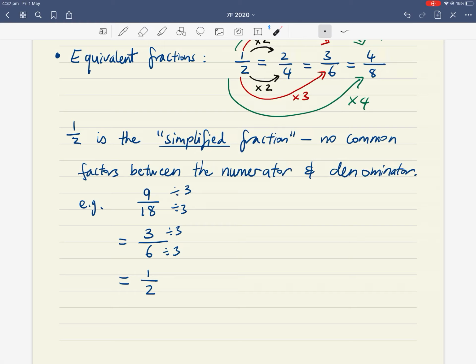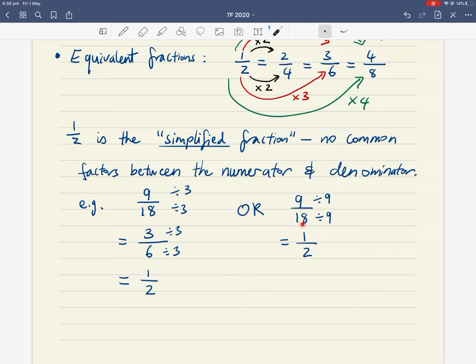Now, some of you are saying, why would you divide by 3 first when I can clearly see the highest common factor between 9 and 18 is 9? That's totally okay. You can do that too. If you can see immediately what the highest common factor between the top and bottom numbers is, you can divide by the highest common factor. But my point is, at the end you still get a half.